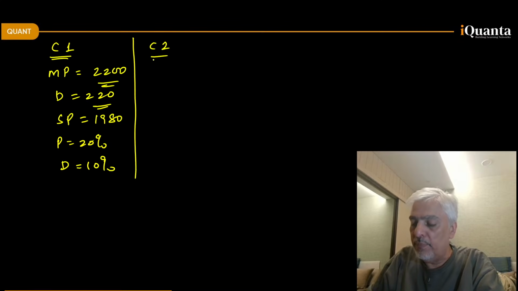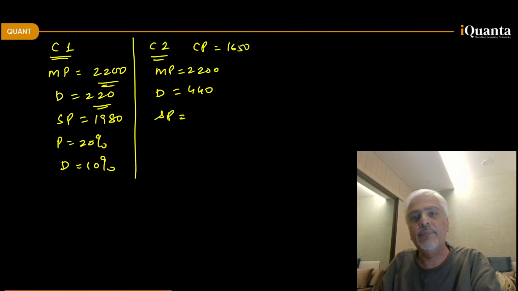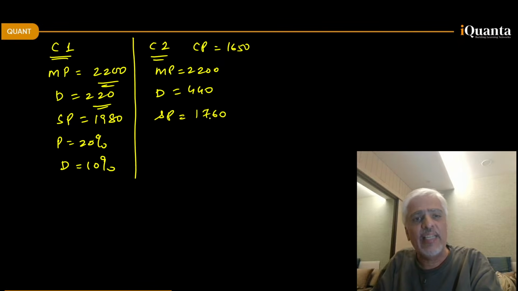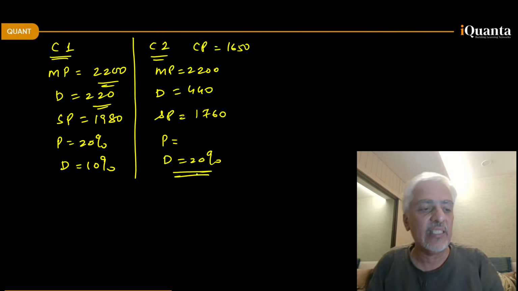Case 2: mark price same, discount double, selling price will become less. Cost price same ही है, 1650. Selling price will become less by 220, so 1760 हो जाएगा. ये सब का जरूरत नहीं है, just understanding the question. Profit is some percentage, I don't even care, and discount is 20%. ये सब तो डेटा है, खाली डेटा समझने के लिए.